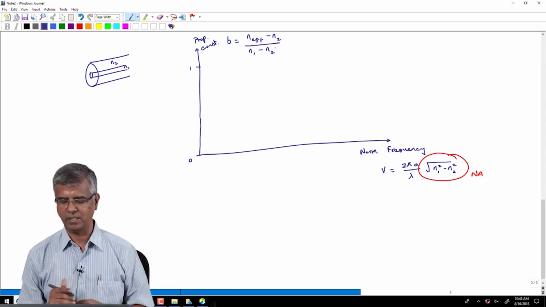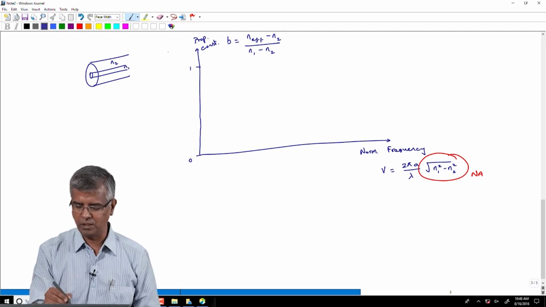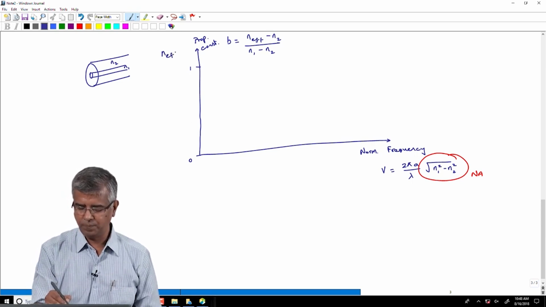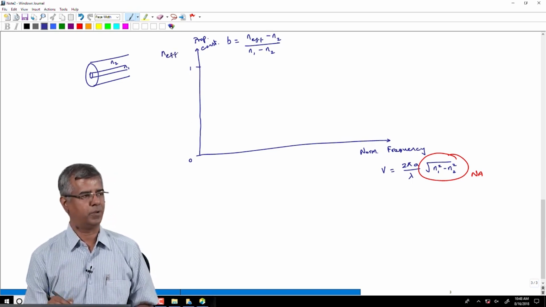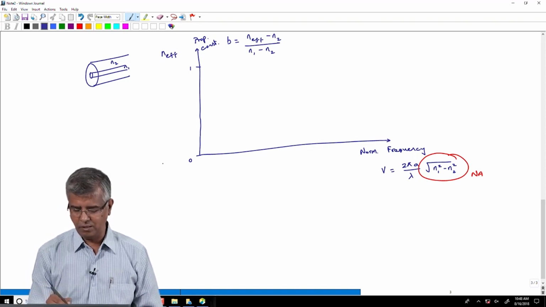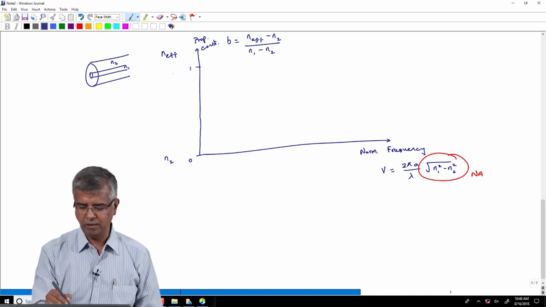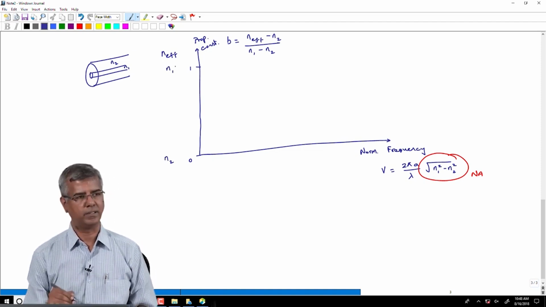So that is why we are defining it with these two parameters, but b going from 0 to 1 can be represented in terms of n effective. N effective, if b is 0, n effective would have to be N2, right, and if b is 1, n effective will have to be N1, okay.